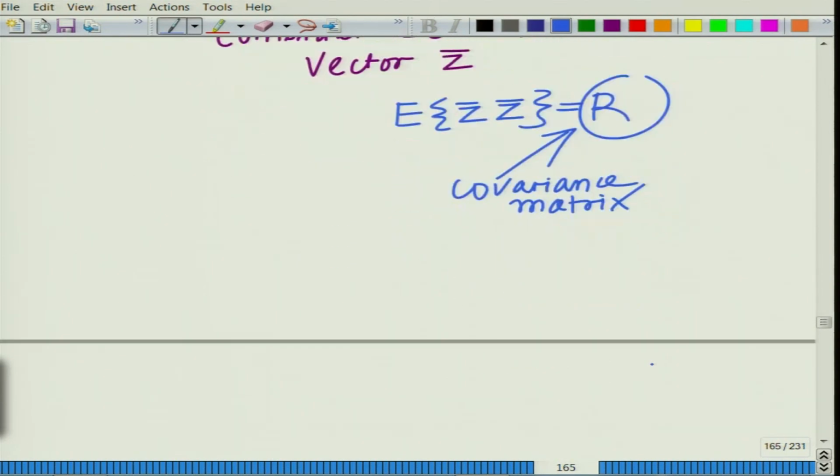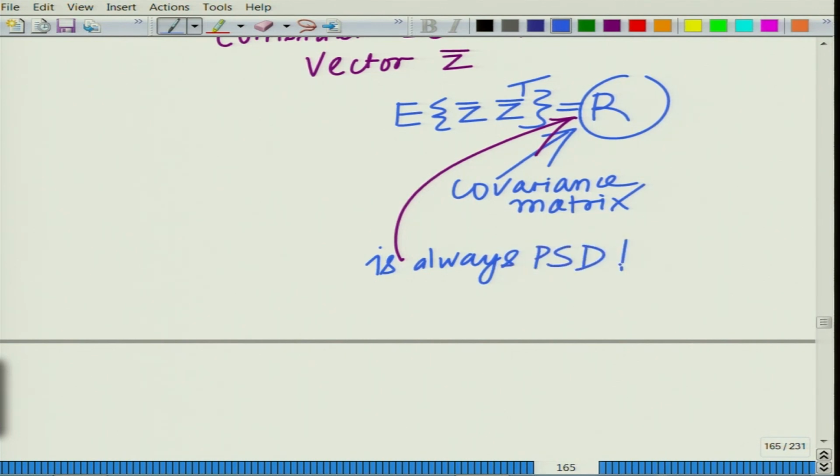R is termed the covariance matrix, and sorry, this has to be expected value of Z bar Z bar transpose. Now, it turns out that the covariance matrix is always a positive semi-definite matrix.